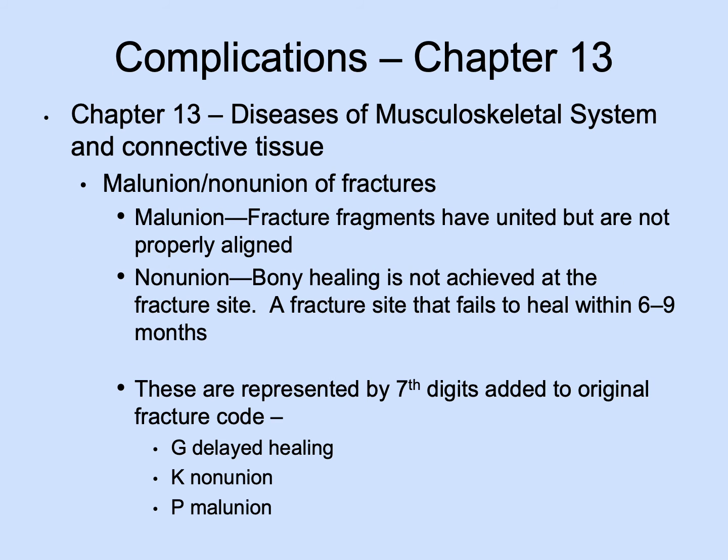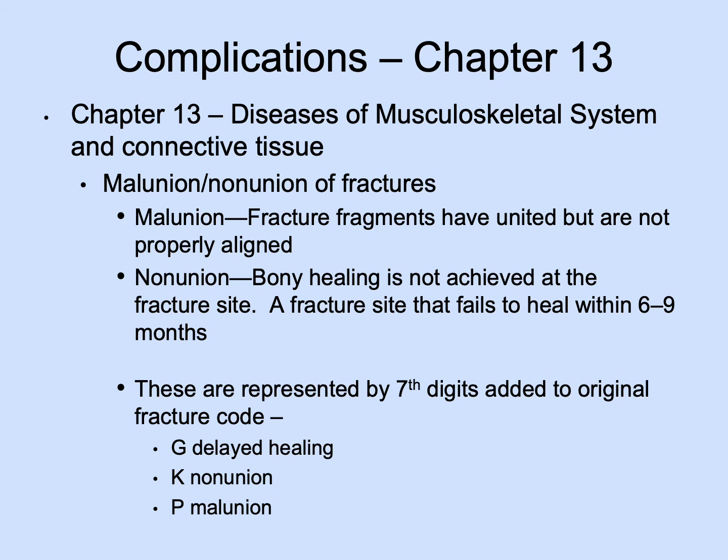For chapter 13, diseases of musculoskeletal system and connective tissue, what we have here are complications, malunion and non-union. Malunion, the fracture fragments unite, but they're not properly aligned. Non-union, the bony healing is not achieved at the fracture site.